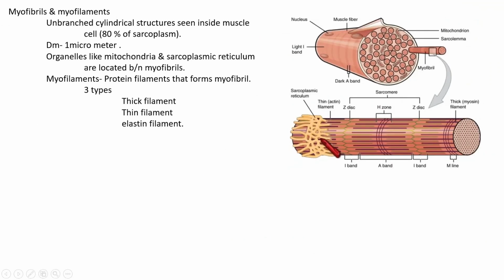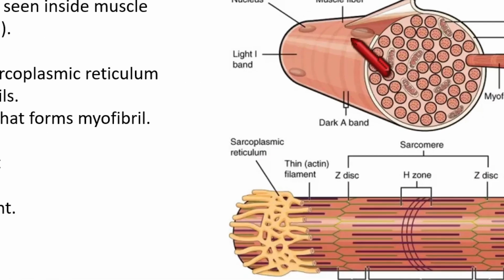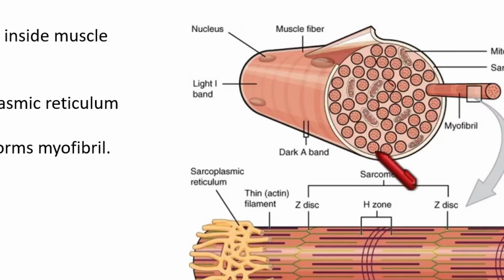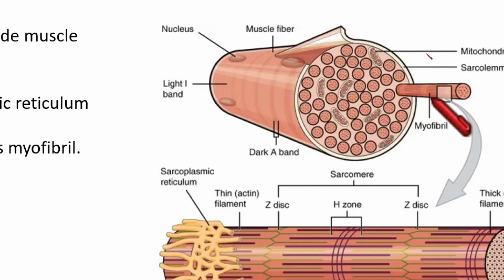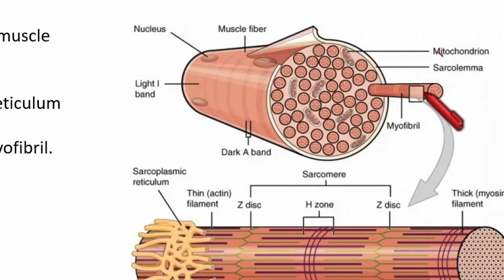Then the next point is myofilaments. Myofilaments are certain protein filaments that form the myofibril. Clear? We know that this is a muscle cell, and inside the muscle cell many myofibrils are present, and each myofibril is in turn composed of more filament-like structures.